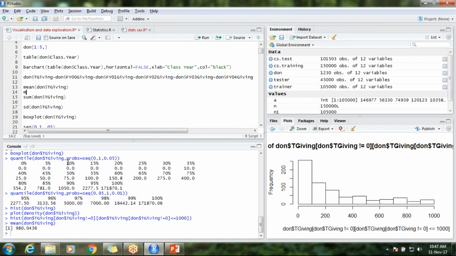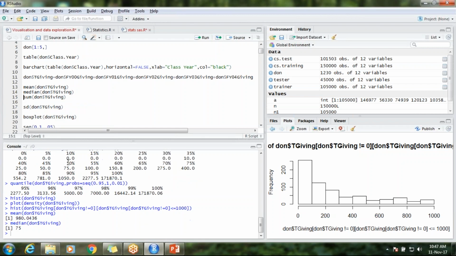Let me consider the median as well. The median is 75. So what should I be taking here, mean or median? Median. Correct. There is a reason for it.